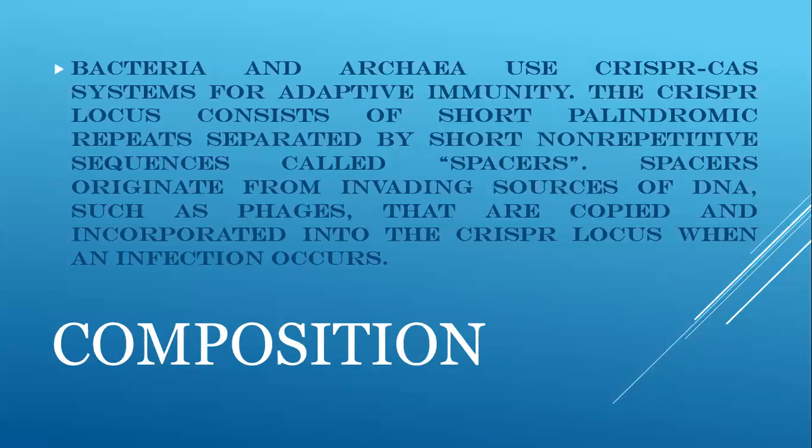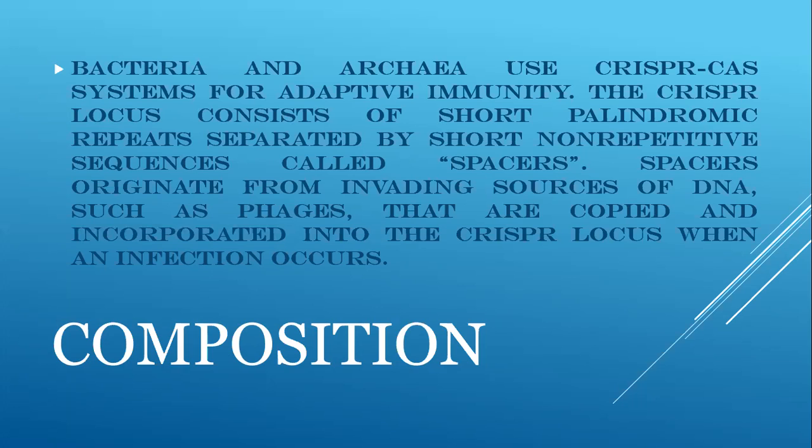So basically, it is a sequence of DNA with palindromic repeats. We all know what palindromes are: if you read the sequence from left to right as well as from right to left, both seem the same. These palindromic repeats are interrupted by short non-repetitive sequences called spacers.